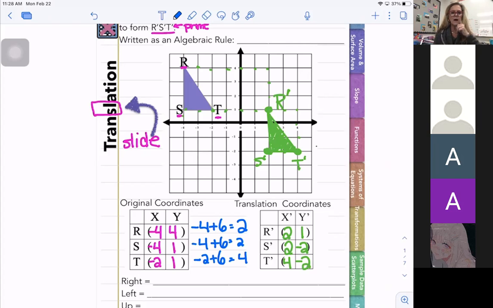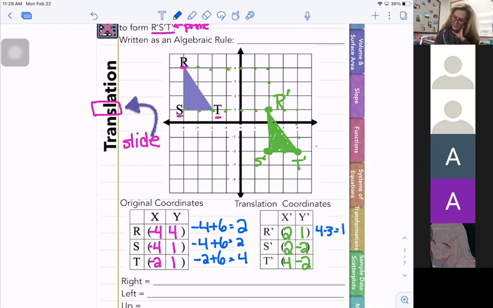Let's talk about the Y's. For R, I started at 4 and I ended up at 1. What did I do? You minus 3. Right, I subtracted 3.